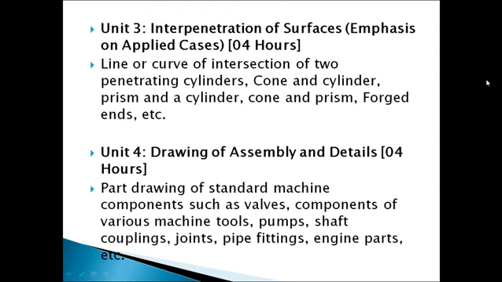Then unit number 3 is interpretation of surfaces, like the line or curve of intersection of two penetrating cylinders, cone and cylinder, prism and cylinder, cone and prism, forged ends, etc. Here we are going to learn how to draw and trace the curve whenever two cylinders penetrate, or a cone and cylinder, a prism and cylinder, or a cone and prism.